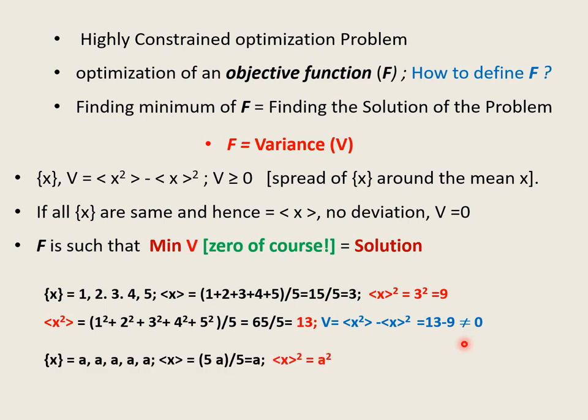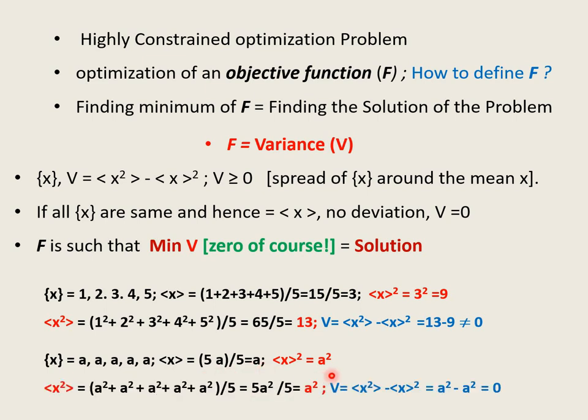But now you take all the same values for x, all a. So x average is just the sum 5a divided by 5, that is a, and the square of it is a squared. But for the x square average, first you square and then you add to get 5a squared by 5, and that again gives you a squared. So this time a squared and a squared, obviously V is 0.